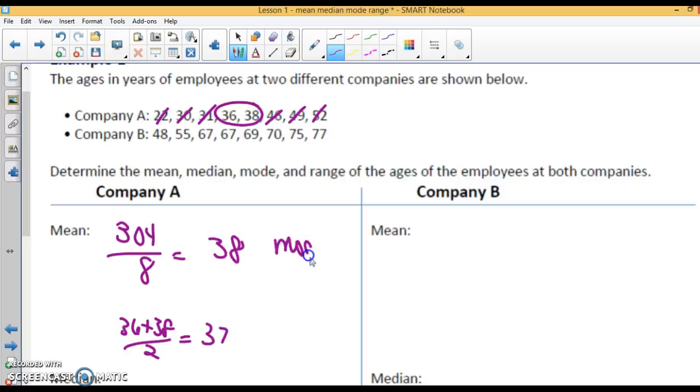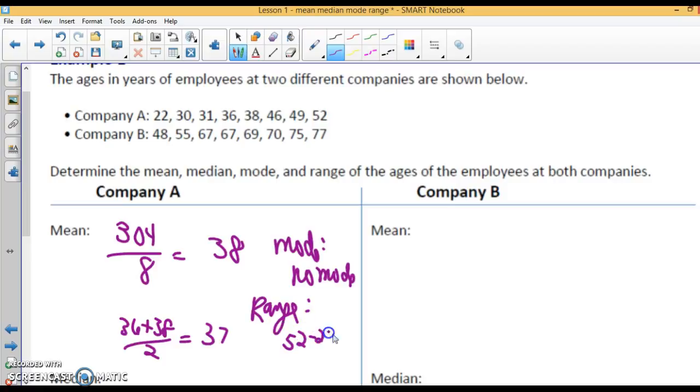Mode is the number that appears the most. I'm going to erase this so we can get a better look at it. In this set, there is no number that appears more than others. They all appear one time, so there is no mode. And the range is our highest minus our lowest, so 52 minus 22, the range is 30.